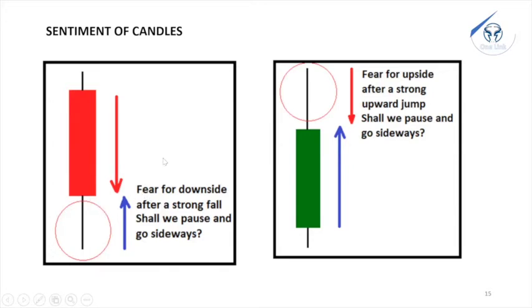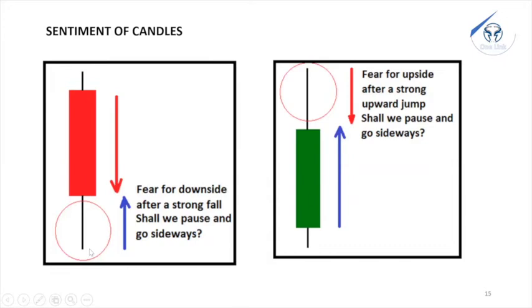So after the fear of downside, when the price is going down after a strong fall, the market rejected and closed here. Before it closed here, it created a long tail. That means the rejection is quite strong from the buyers. Then it created a longer tail, rejecting and pushing the price further, because the price went all the way down.